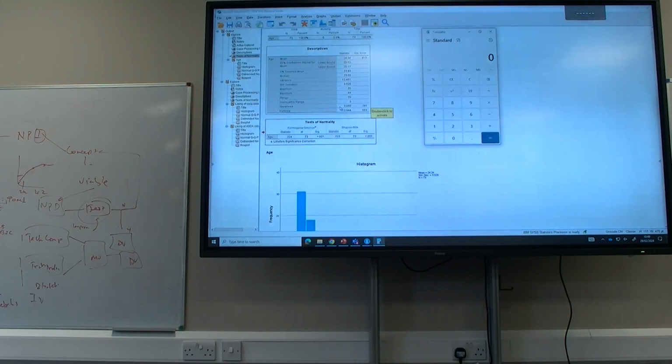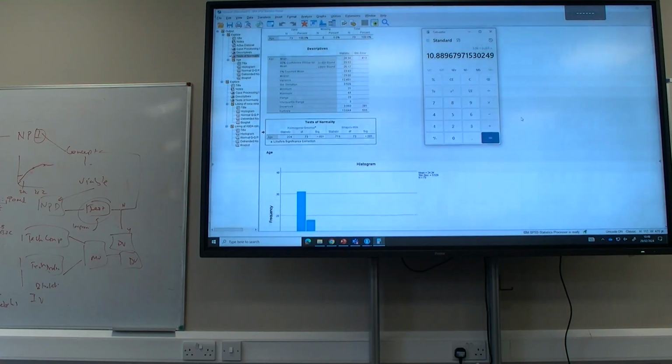So for skew, you just do 3.06 divided by 0.281. So the statistic divided by the standard error.